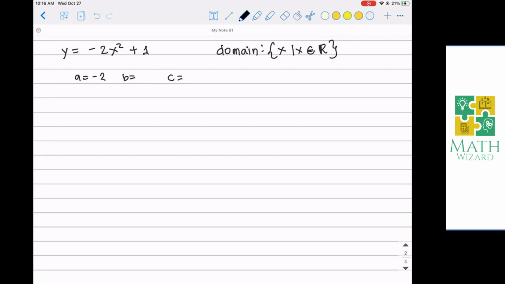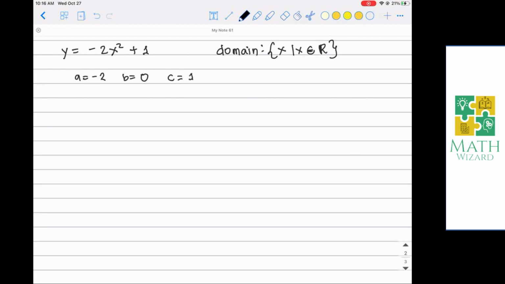Letter B is the coefficient beside the variable x. There is no variable x here except for x squared, so B is 0. Letter C is the constant, as mentioned earlier, so it is equal to 1.